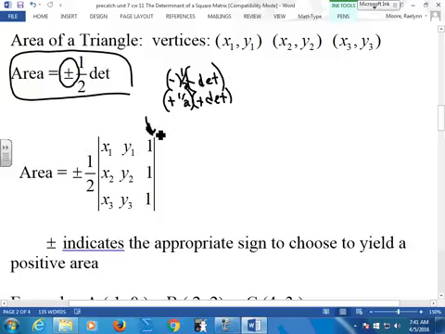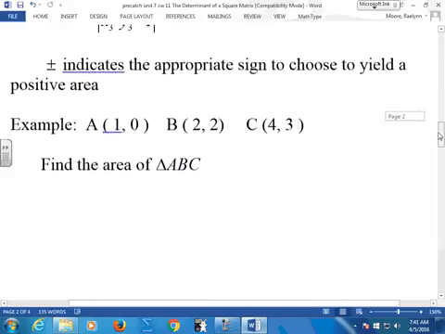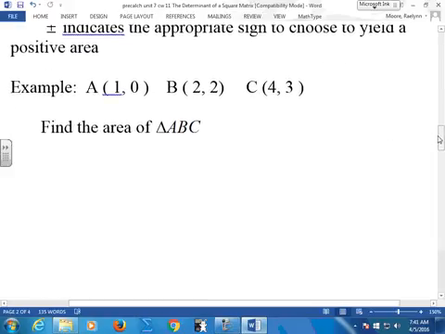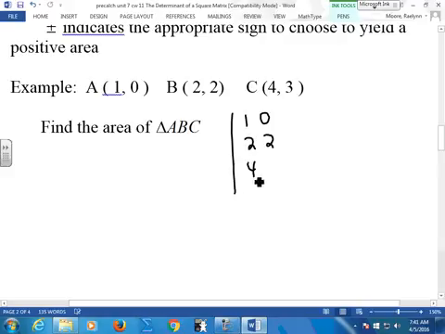It's that simple. So when you do this, you're going to put your vertices out here, and you're going to say, can't do this determinant because it's not a square. We're going to fill this with ones. So find me the determinant of this matrix.